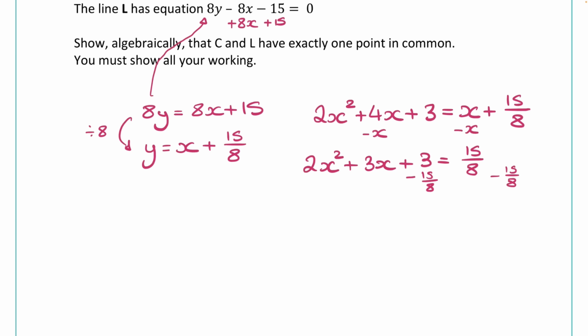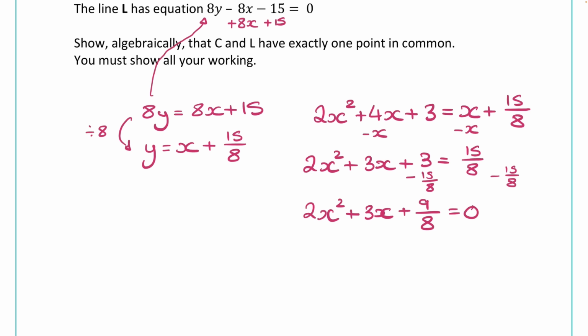And I'm just going to type that bit into a calculator. So 3 take away 15 over 8. That gives me 9 over 8. So I get 2x squared plus 3x plus 9 over 8 equals 0. And there we go.